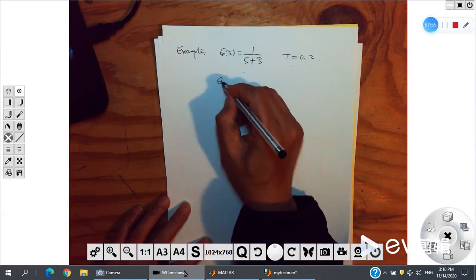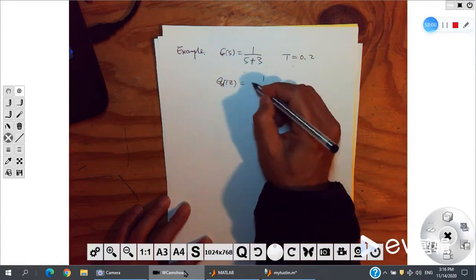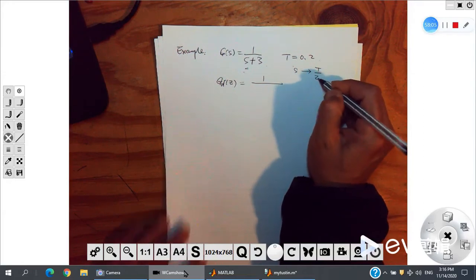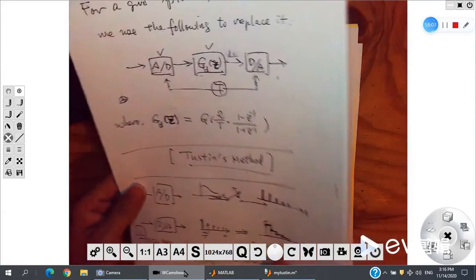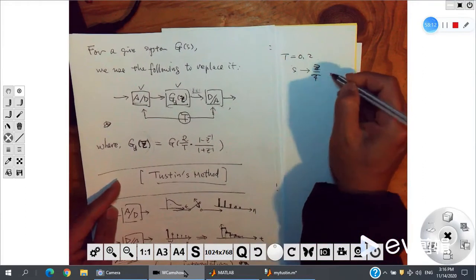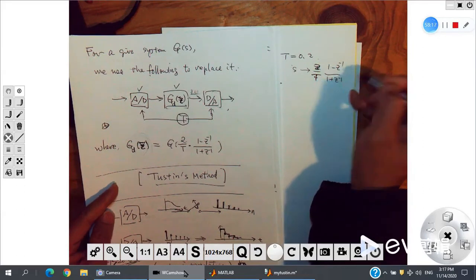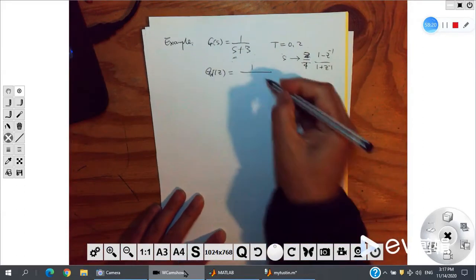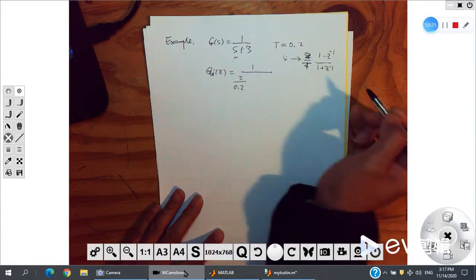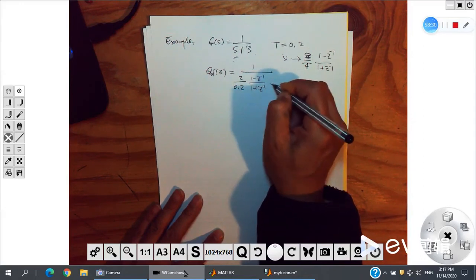Then G_d of z will replace s by 2 over T times (1 minus z to the negative 1) over (1 plus z to the negative 1). So now s is 2 over T times (1 minus z to the negative 1) over (1 plus z to the negative 1), and plus 3.